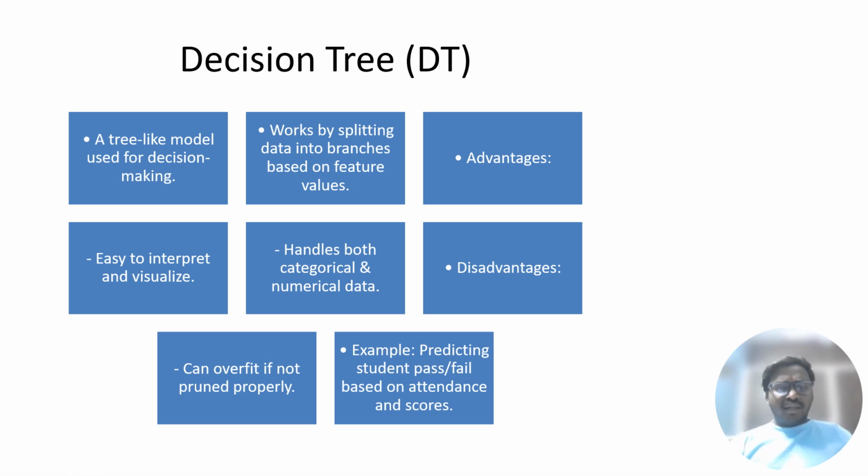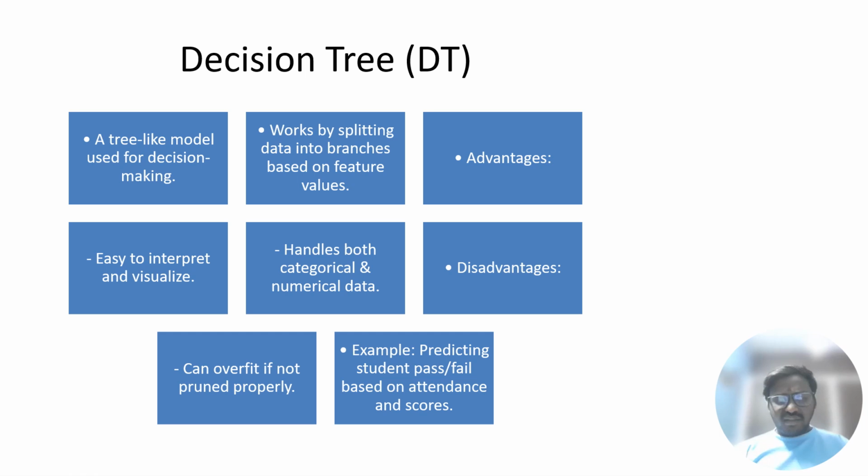A tree-like model used for decision making, it works by splitting data into branches based on feature values. Its advantages are that it is easy to interpret and visualize and handles both categorical and numerical data.